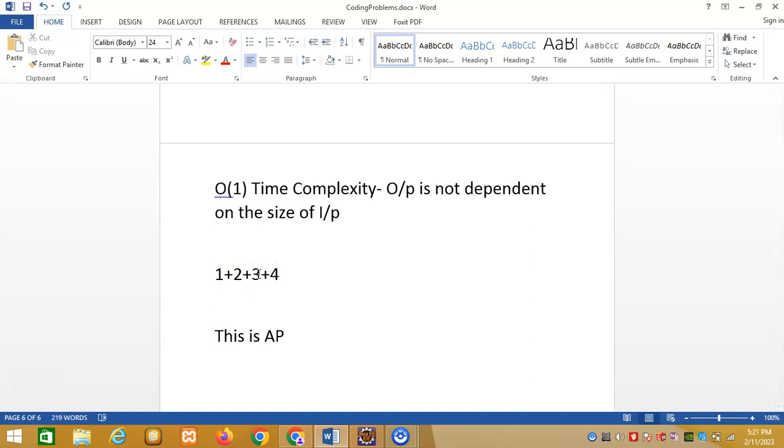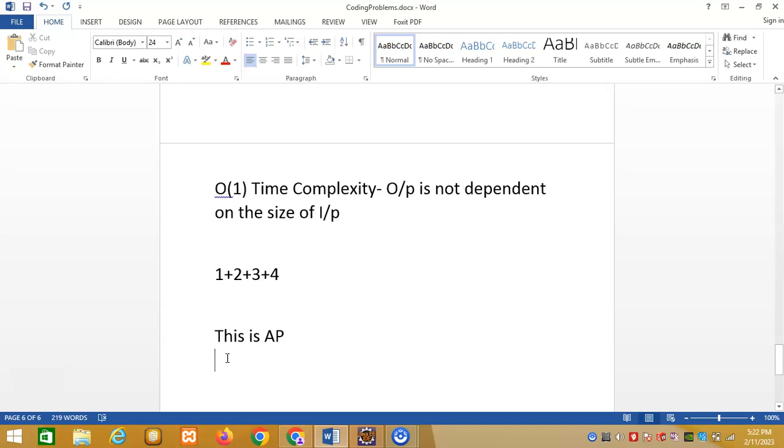So 2 minus 1 is 1, 3 minus 2 is 1, 4 minus 3 is 1. The difference between consecutive numbers is 1. That's why it is an arithmetic series.